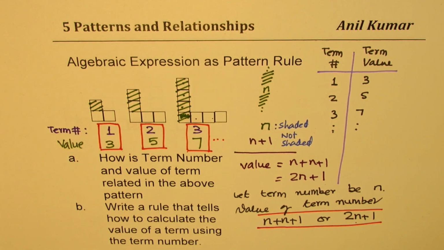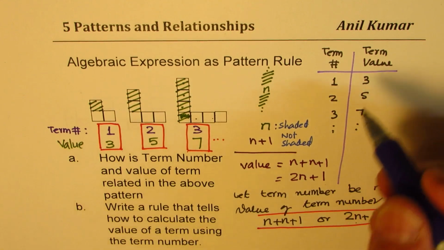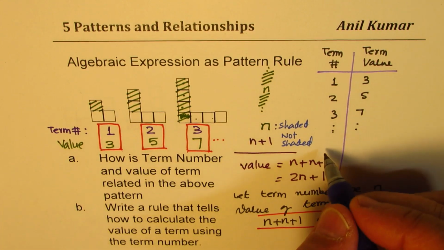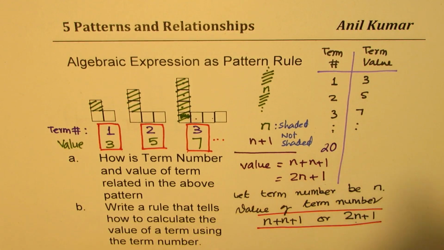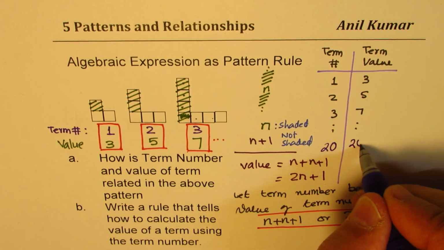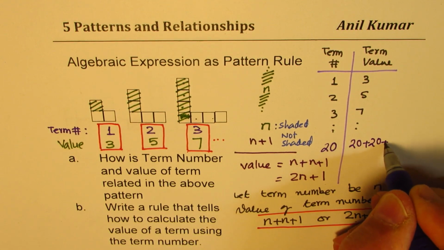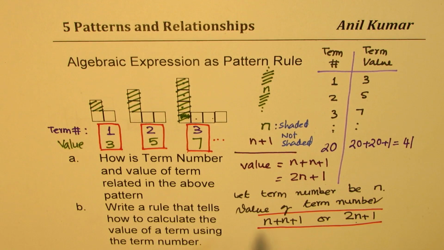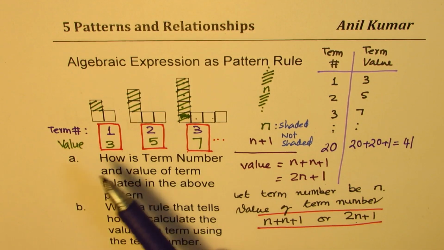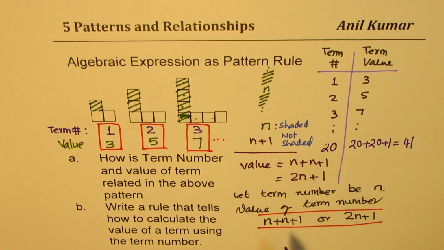Now how does that help? That is going to help us to find the value for any term number. Let's say if I go to term number 20, then what should be the value? It will be 20 plus 20 plus 1, which is 41. Do you see that? So easily, without going through all of them, we can find the value.